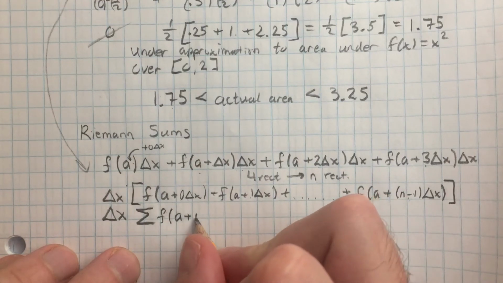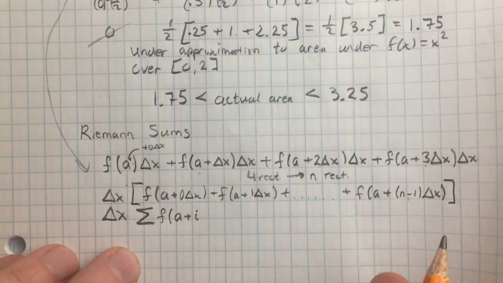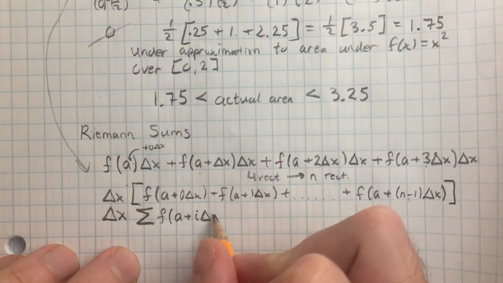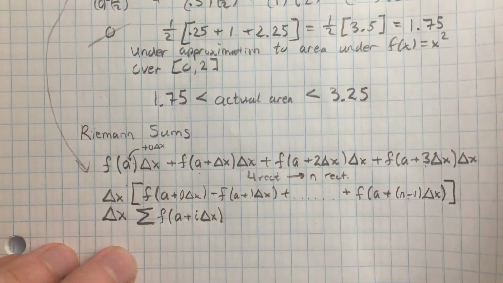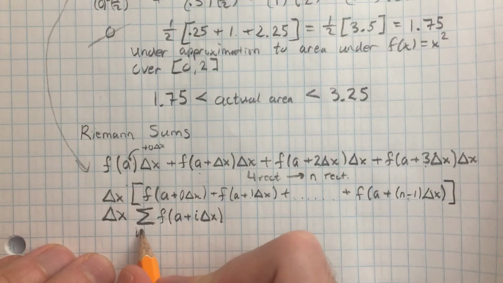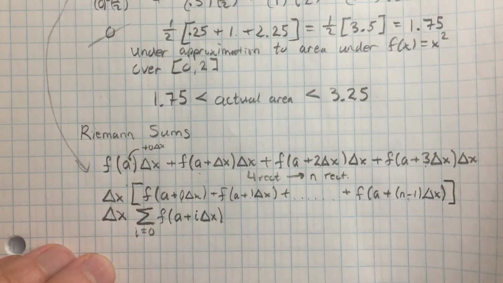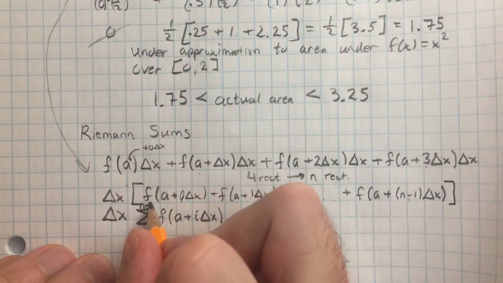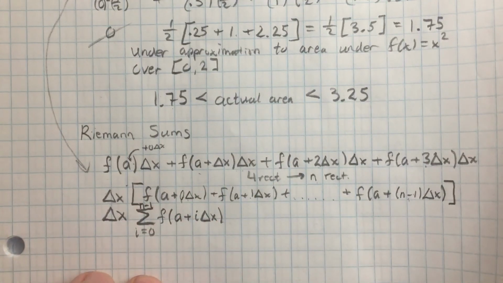So I'm going to write that as an i, that changing object there, i delta x's. So this i goes from what values? It goes from 0, the first one, because we haven't moved from the left-hand side of the interval, until we get to the very end, when i will be n minus 1. So n minus 1 is the last step there.